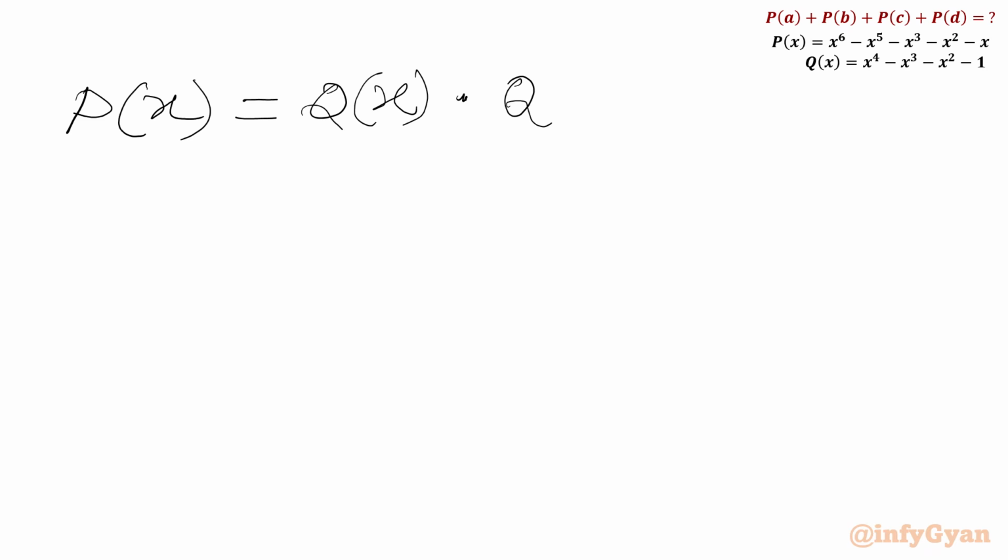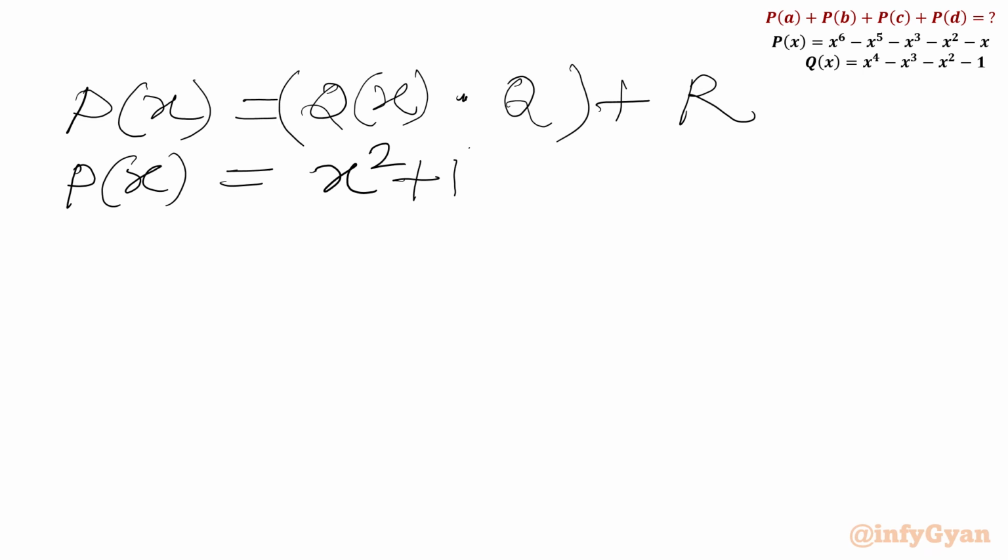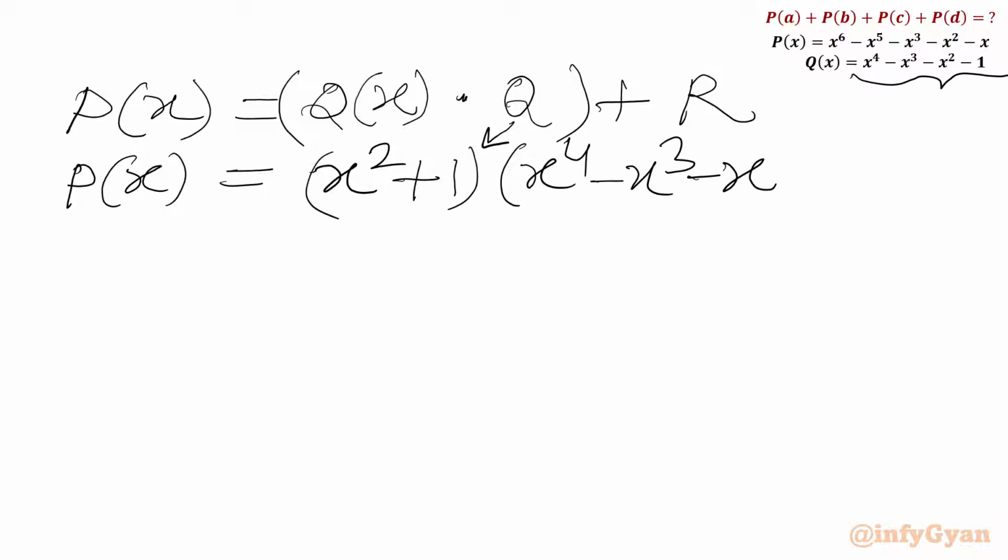Let me write: P(x) equal to q times Q(x) plus r. The quotient was x square plus 1, this was our quotient q, and Q(x) is x power 4 minus x cube minus x square minus 1.